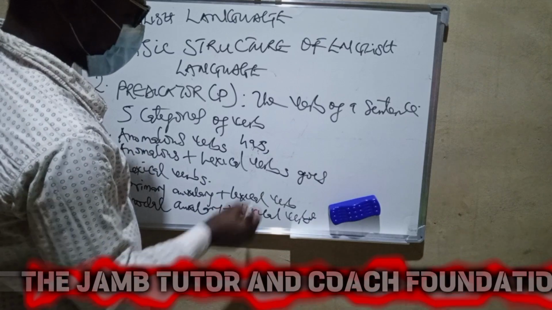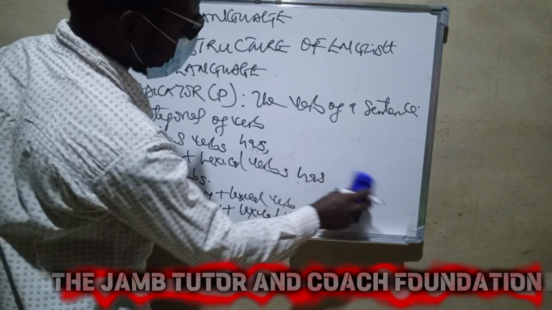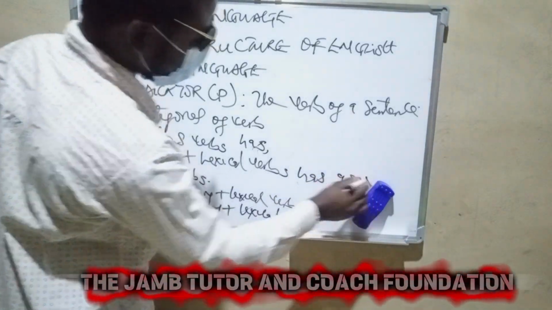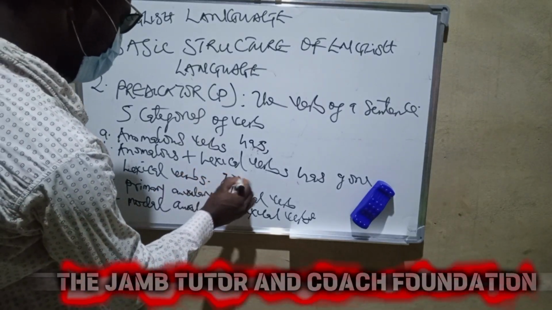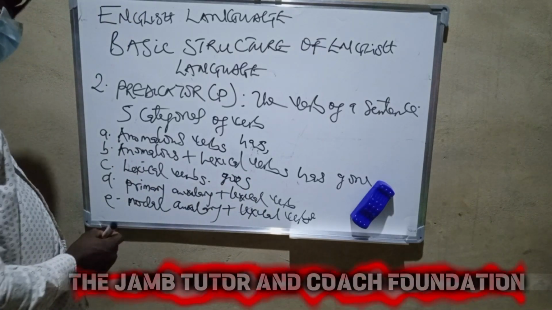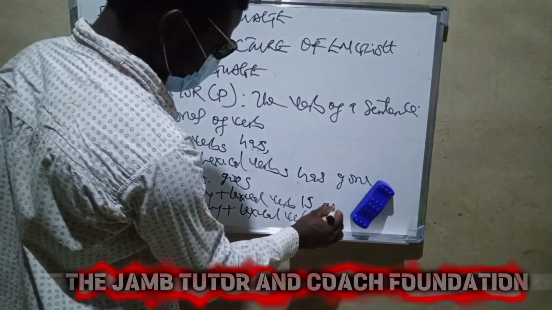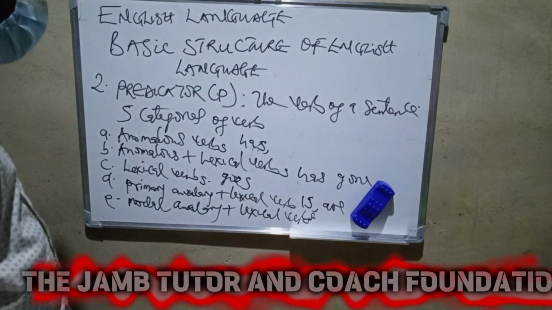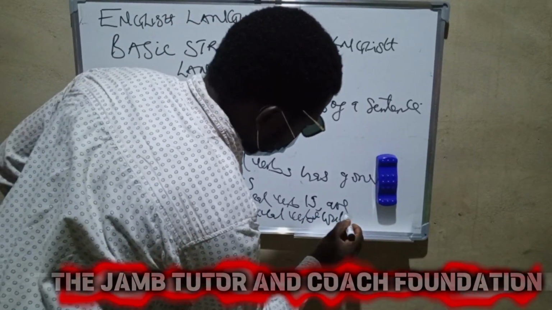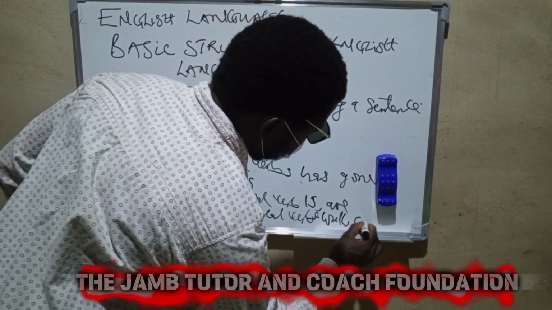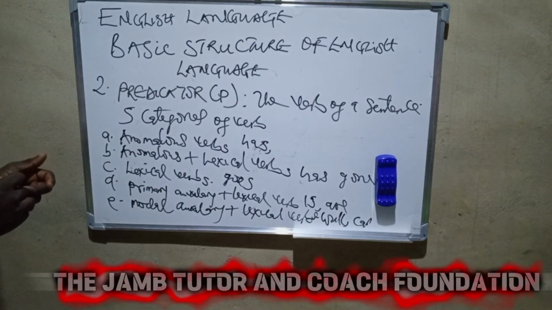Okay. So anomalous plus lexical verb, we have has gone. Okay. So here lexical verb, we have goes. The primary auxiliary verb, we have is, are. Okay. Modal auxiliary, we have can. Okay. So these are the 5 categories of what verb.